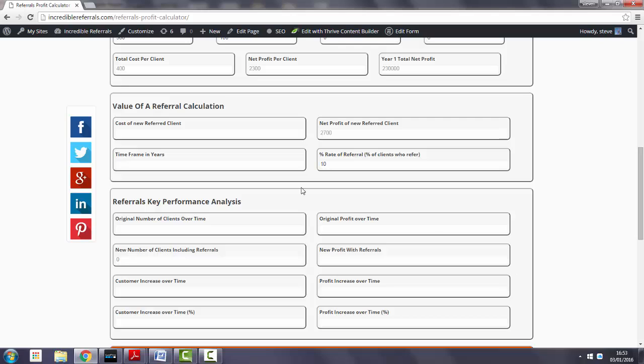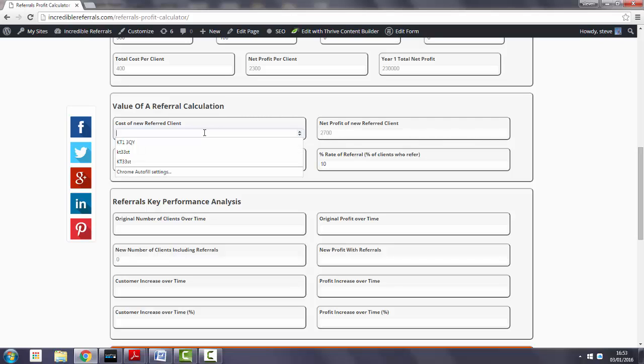Now what we're going to do is work out the value of a referred client for a rewire of £2,700. We don't need to do anything else, because if you look here, it already tells you that the net profit of a new referred client is £2,700, which is from before, but now we're going to add in a cost.